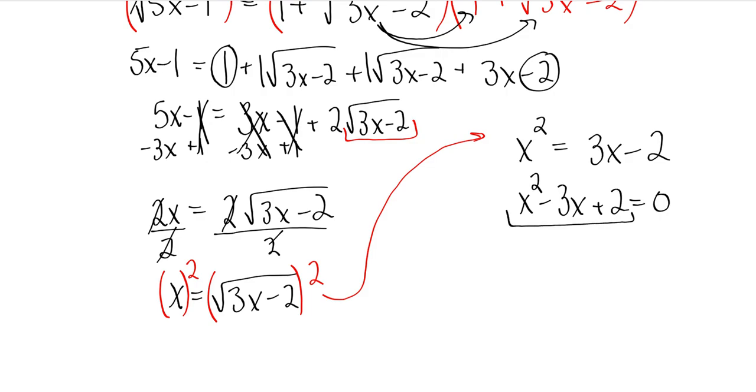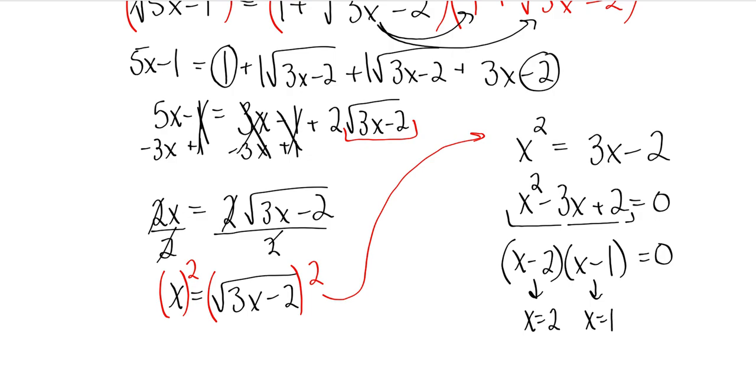We have a trinomial, which means we're probably going to have to factor. So 2 numbers that multiply to 2 and add to 3. Negative 2, negative 1. And we get 2 solutions. We get those again by setting this equal to 0. X equals 2. X equals 1.